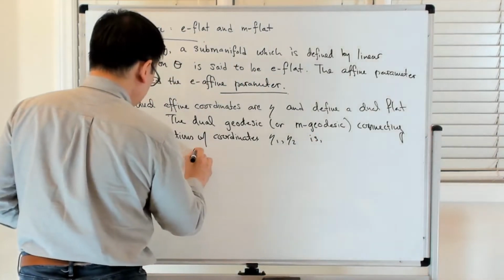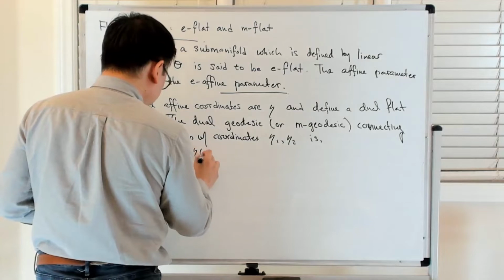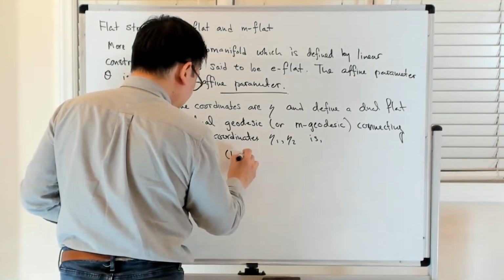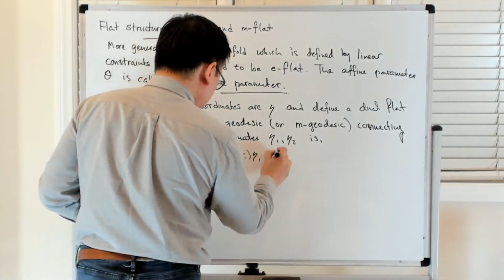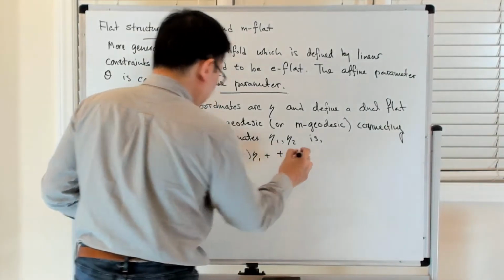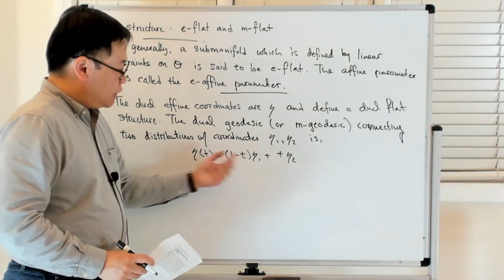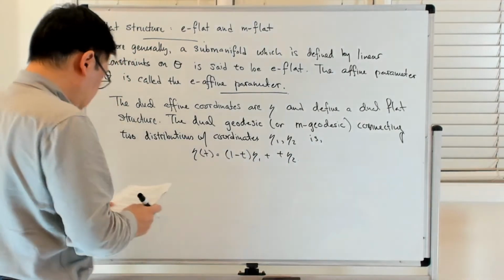Eta as a function of parameter t is just this convex combination of the two coordinates, eta 1 and eta 2. And then as before, when t is equal to 0, you have eta 1, and when t is equal to 1, you have eta 2, okay?